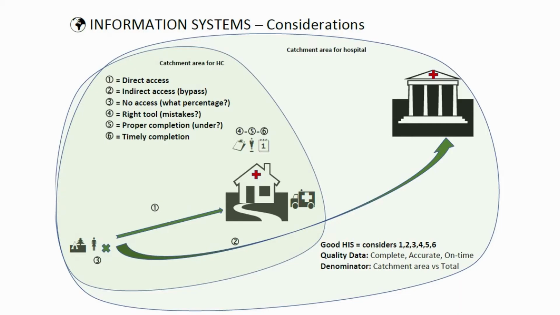Accuracy means that I need to make sure that I know what it is that I am recording, because remember, this data comes from registers, ledgers, and logbooks. I also need to make sure that my tool, my instrument, is providing me the information that I need.